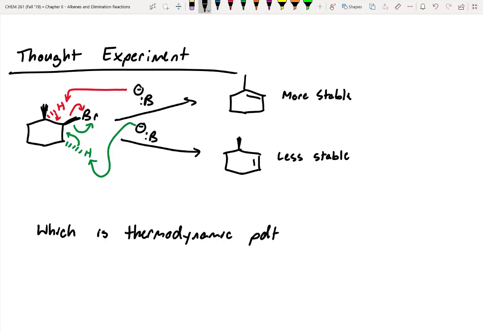It's really, really easy to overanalyze this because thermodynamics sounds scary. Another way of asking this is, which is more stable? So which one's more stable? Top one. All right, easy enough. I already told you.